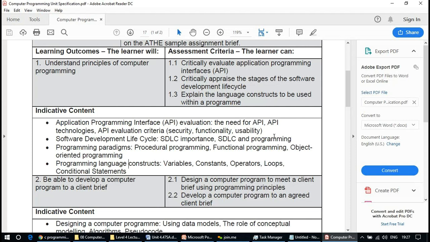Number one is 5, and number two is 3. What would be the addition? 8. What would be the subtraction? That would be 3. What would be the multiplication?